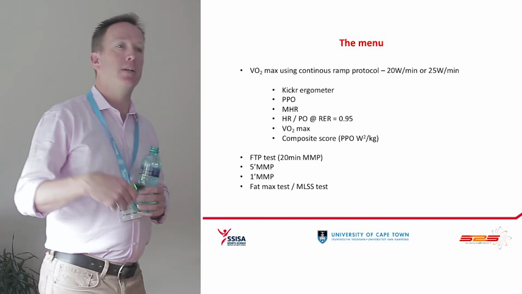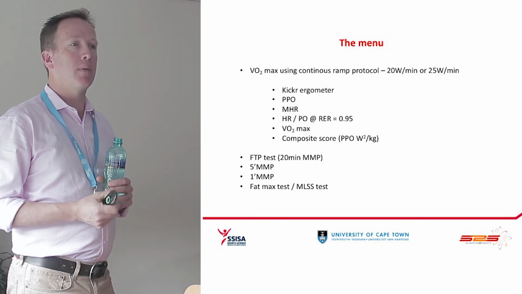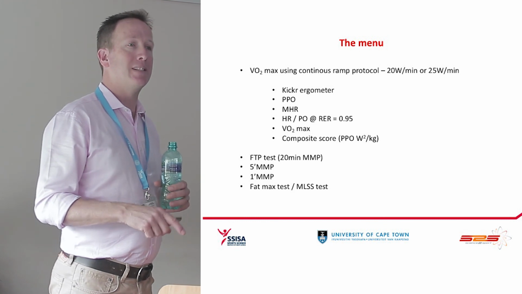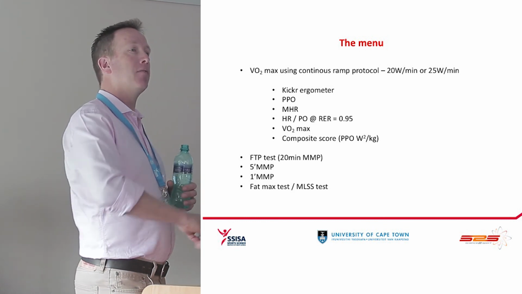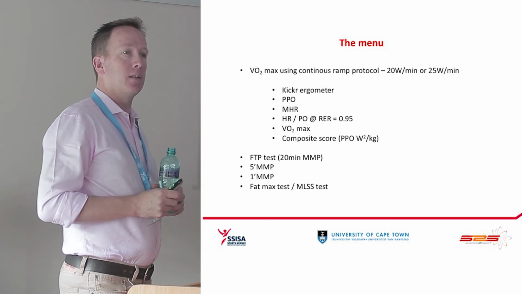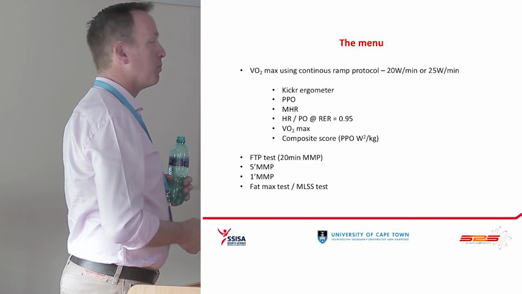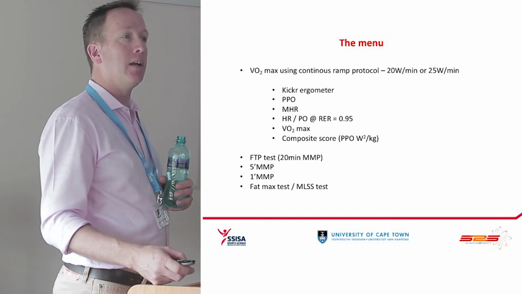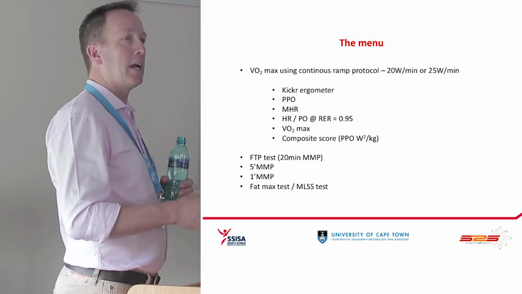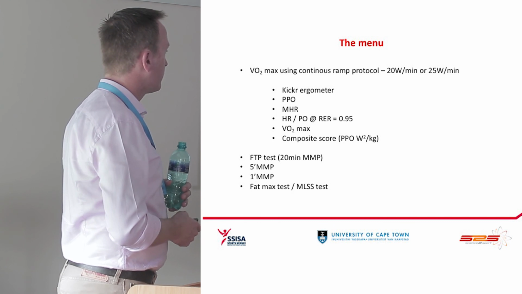And we see that as a better predictor of all-round performance, particularly for endurance mountain biking events and general all-round road racing in South Africa, because we don't have hour-long climbs in South Africa. Our climbs are 5 minutes, 10 minutes at the most, and this composite score is a better predictor of performance in the environments that we generally operate in than straightforward peak power output or straightforward watts per kilo. Okay, so it's watts squared per kilo.